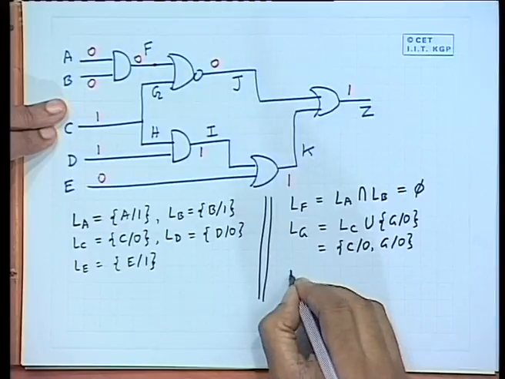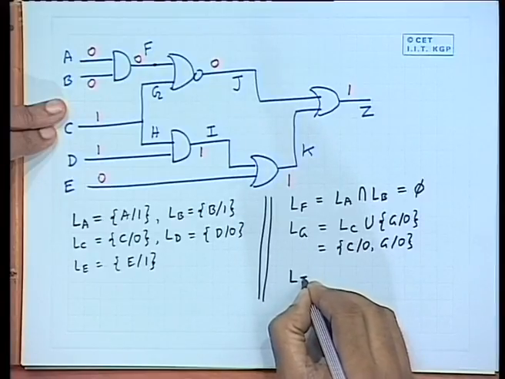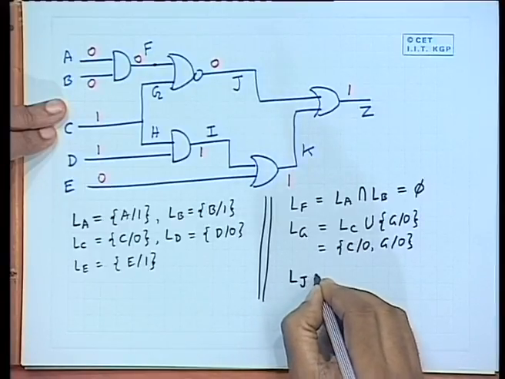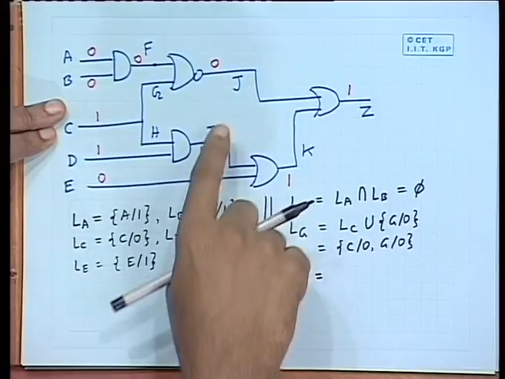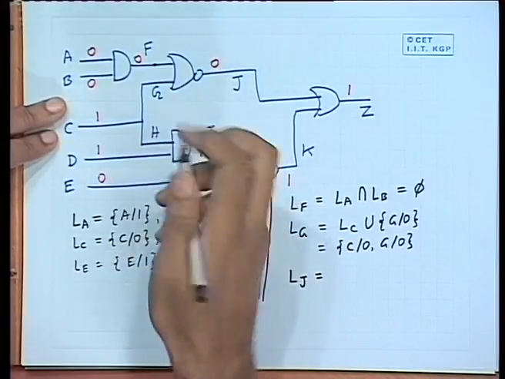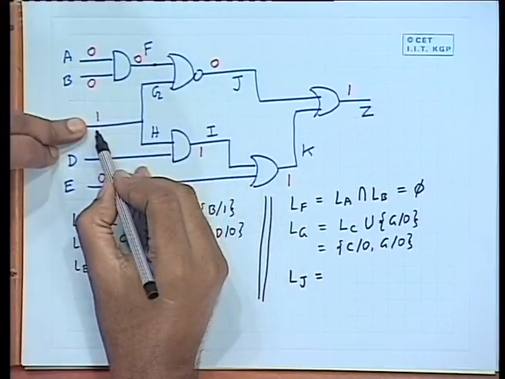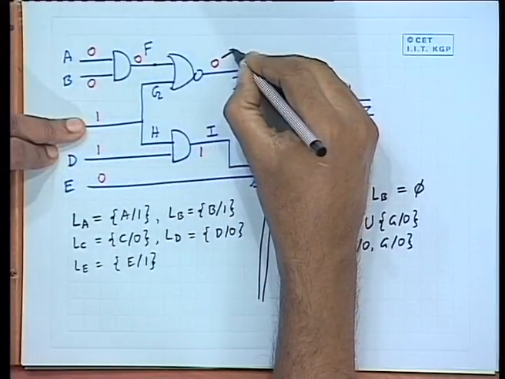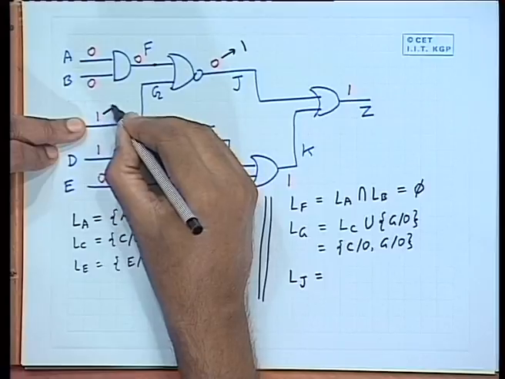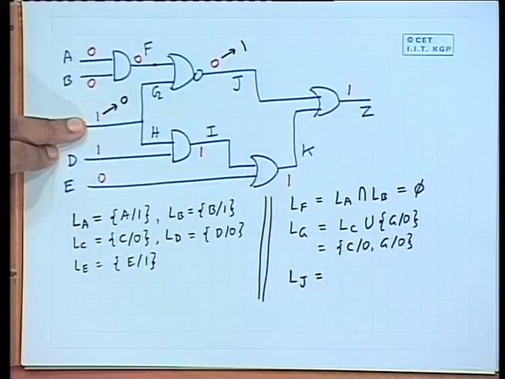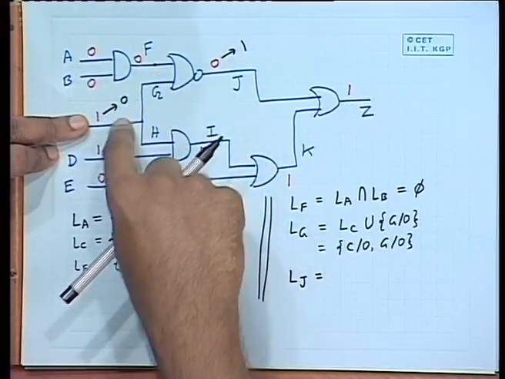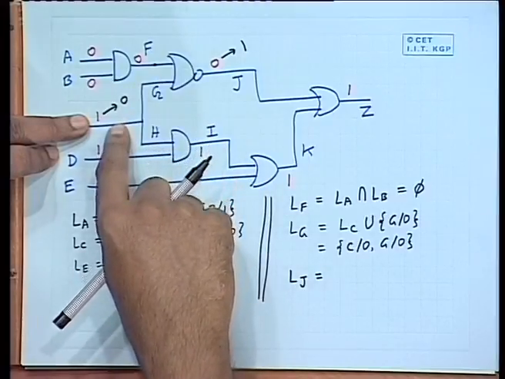Similarly, if you calculate LJ for example, what will be LJ? This is a NOR gate with one input at 0, other input at 1, 0. If you want to make it 1, you will have to make this into 0. So, this you can make how?